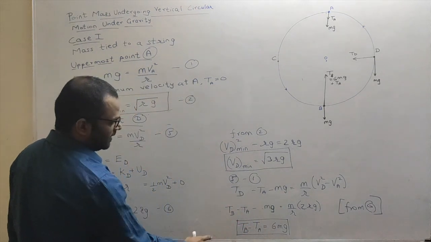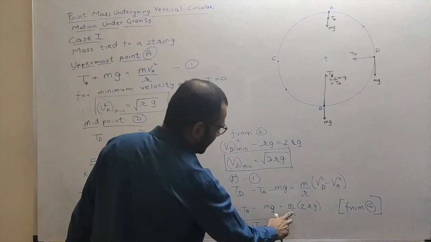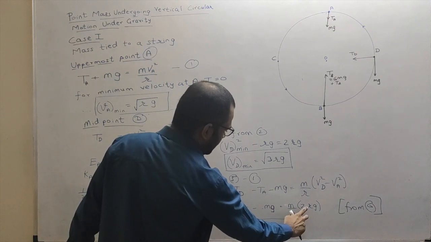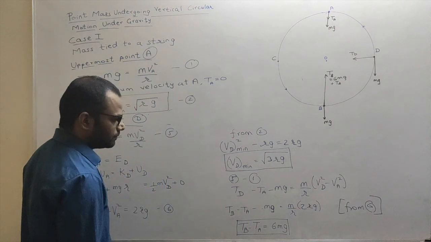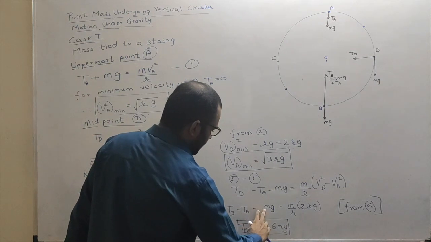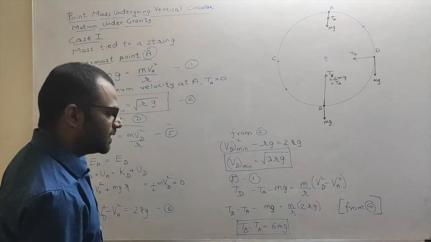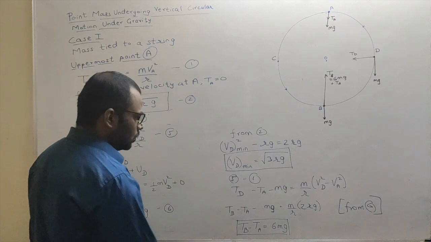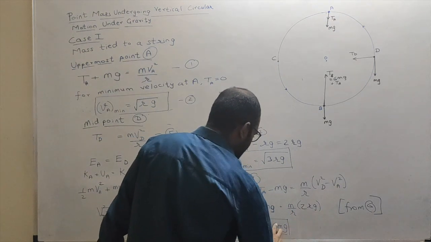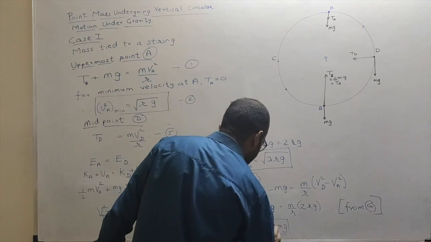So TD minus TA minus mg is nothing but, r will get cancelled, it will be 2mg. Again minus mg will go there, become plus mg. So 2mg plus mg is nothing but 3mg.